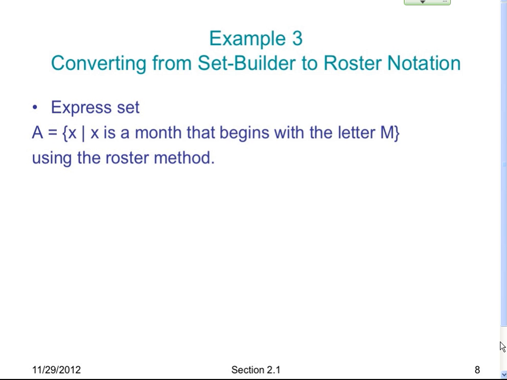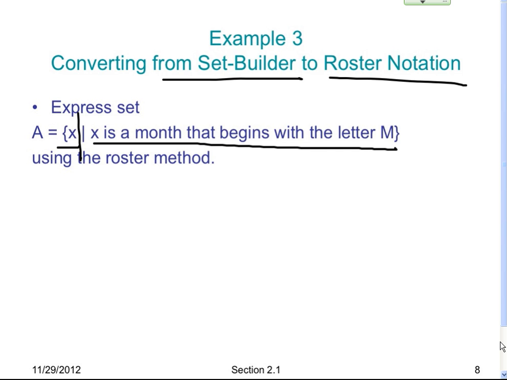Suppose I have set builder notation, I want to go to roster notation. Roster notation is where we list everything out. So what I'm going to do, I have the set of all x such that x is a month that begins with the letter M. So I want to list out in braces all the months that begin with the letter M. So go through the months: January, no; February, March, April, May, June, July, August, September, October, November, and December.